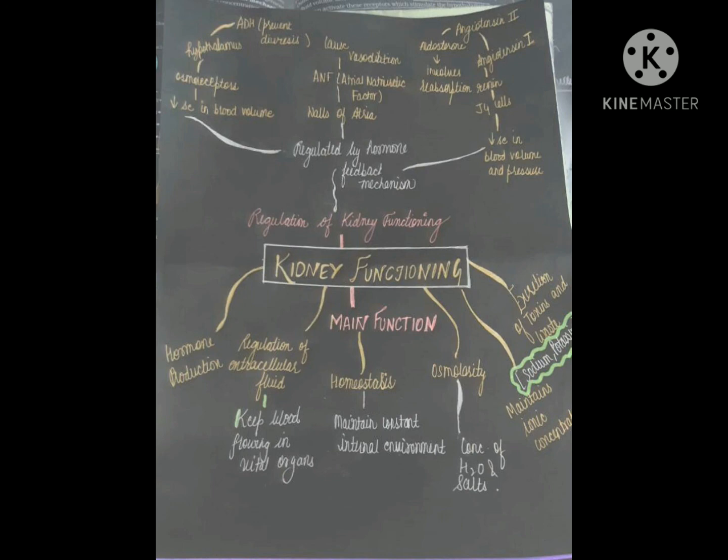It also helps in hormone production and also in maintaining the osmolarity, that is maintaining the concentration of H2O and salts. The kidney also helps in the excretion of toxins and waste. It also helps by maintaining the ionic concentration. It helps in maintaining the concentration of sodium, potassium and calcium in our body.